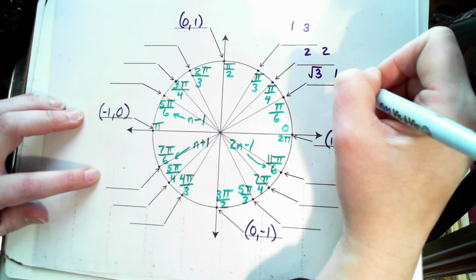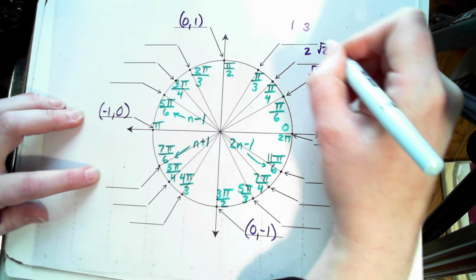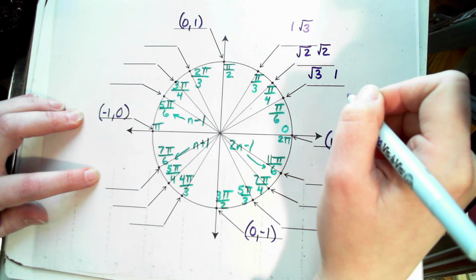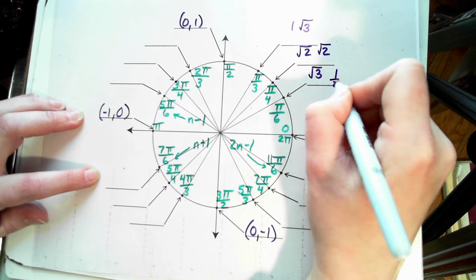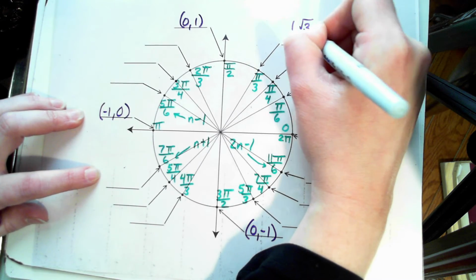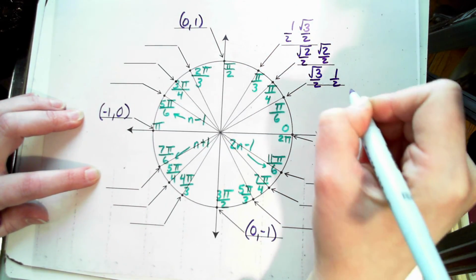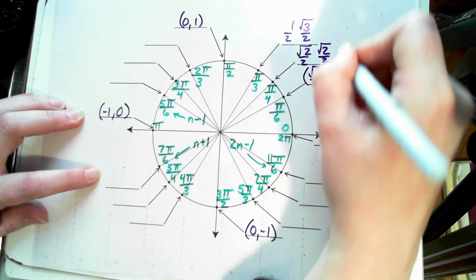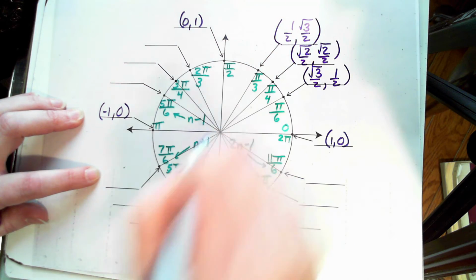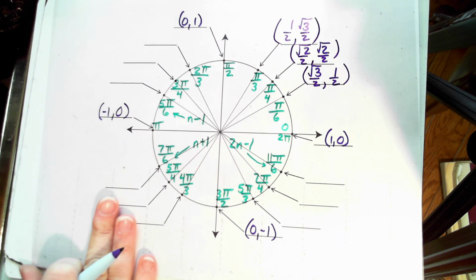The square root of 1 is just 1, so I'm just going to leave it. Square root 2, square root 3, and then put all of this over 2. So over 2, over 2, over 2, with all of these. And then these are your points for the first quadrant. Okay, so that's your first quadrant.